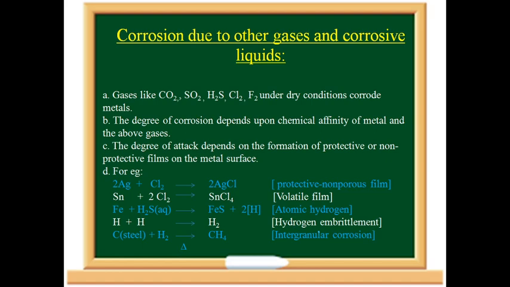Then hydrogen embrittlement doesn't stop here. Carbon which is present in the steel reacts with hydrogen to form intergranular corrosion. So this is how corrosion takes place due to other gases and corrosive liquids. So this is all about dry corrosion or chemical corrosion or atmospheric corrosion. Thank you.